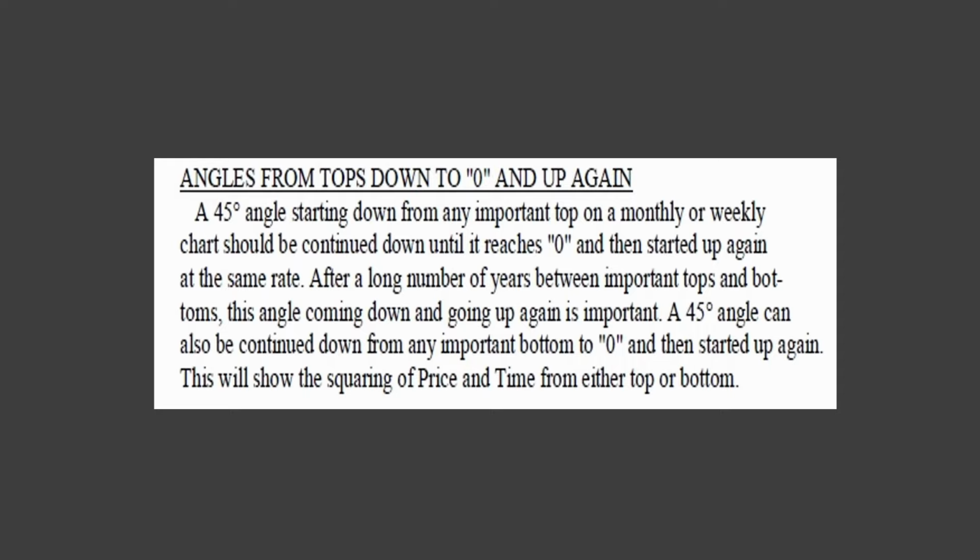After a long number of years between important tops and bottoms, this angle coming down and going up again is important. A 45-degree angle can also be continued down from any important bottom to zero, and then started up again. This will show the squaring of price and time from either top or bottom.